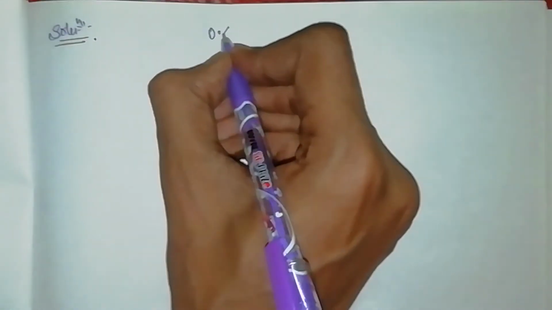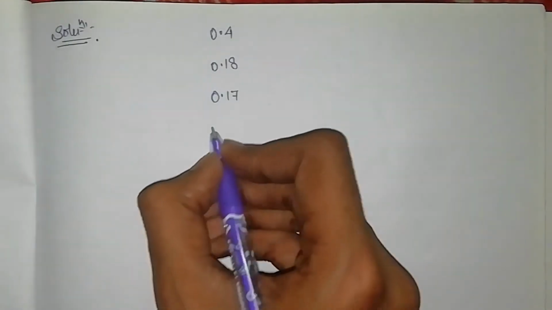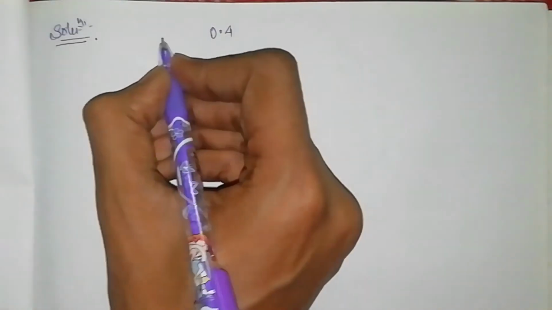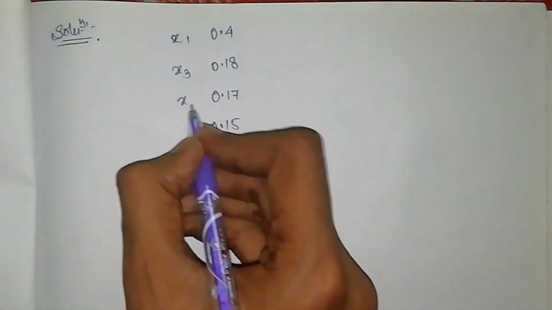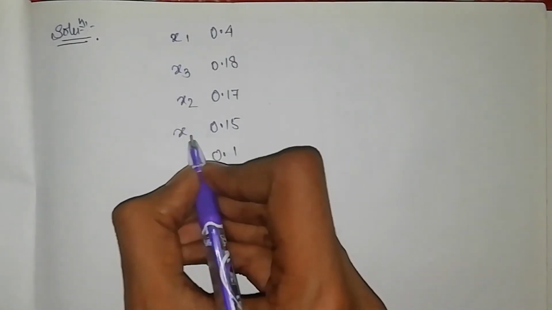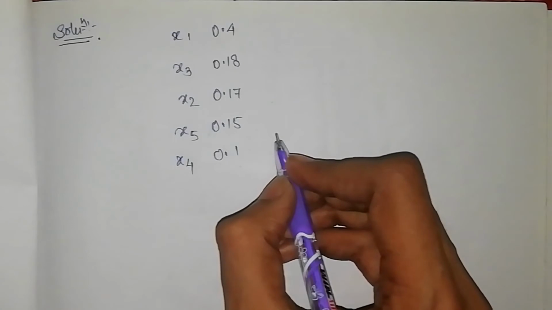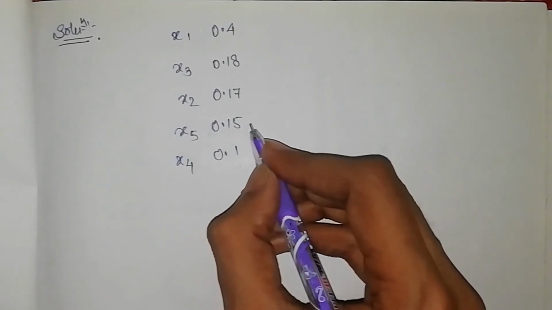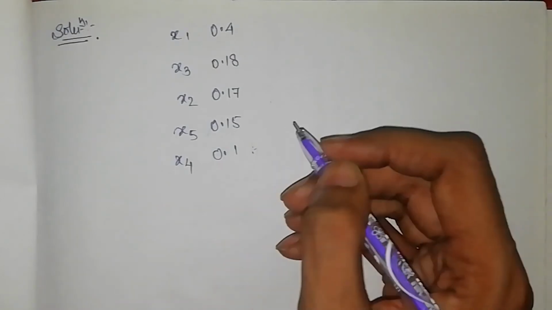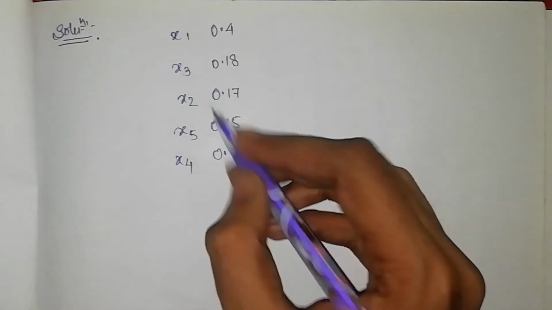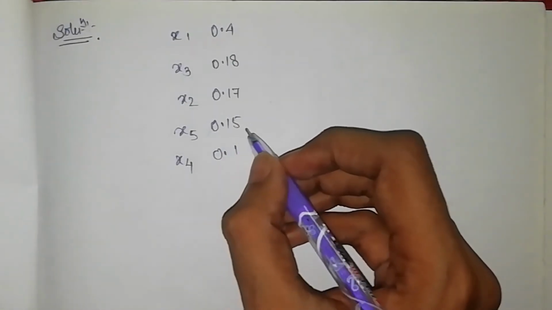So 0.4, 0.18, 0.17, 0.15 and 0.1. The symbols are x1, x3, x2, x5 and x4. Now the second step says that we need to add the last two probability values, that are the smallest values, and now we will rearrange the whole set according to that combined value.